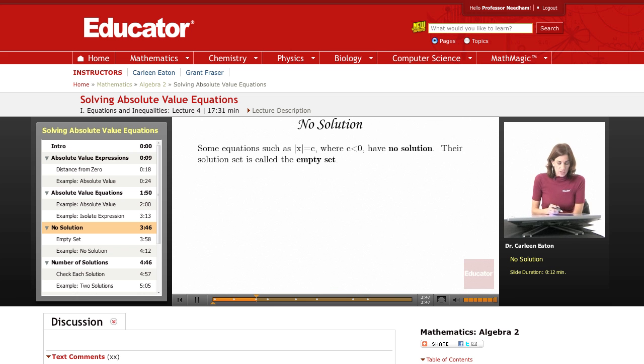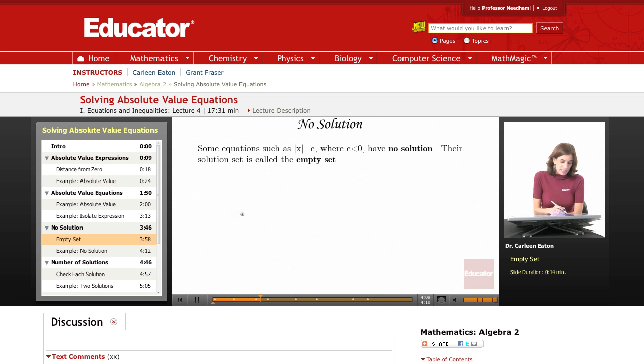In some situations, for absolute value equations where the absolute value equals c, if c is less than 0, these have no solutions. So if it says that the absolute value of x is a negative number, then there is no solution, and we just say that the solution is the empty set.